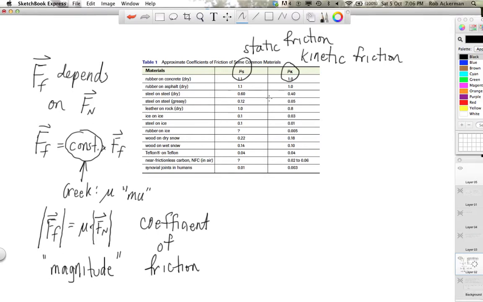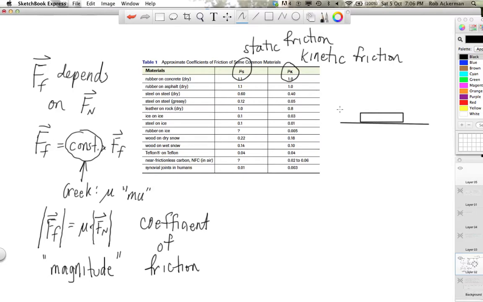What are these? Well, to give you an idea of what we mean by static and kinetic friction, I'd like you to try a little experiment at home. This will be very easy to do. You're probably watching this on a laptop or maybe some other device like a phone. Just put your phone on the table where you are right now, or your laptop on the table, whatever you're using. So let's say this is the surface here, and here's your phone or your tablet or your laptop.